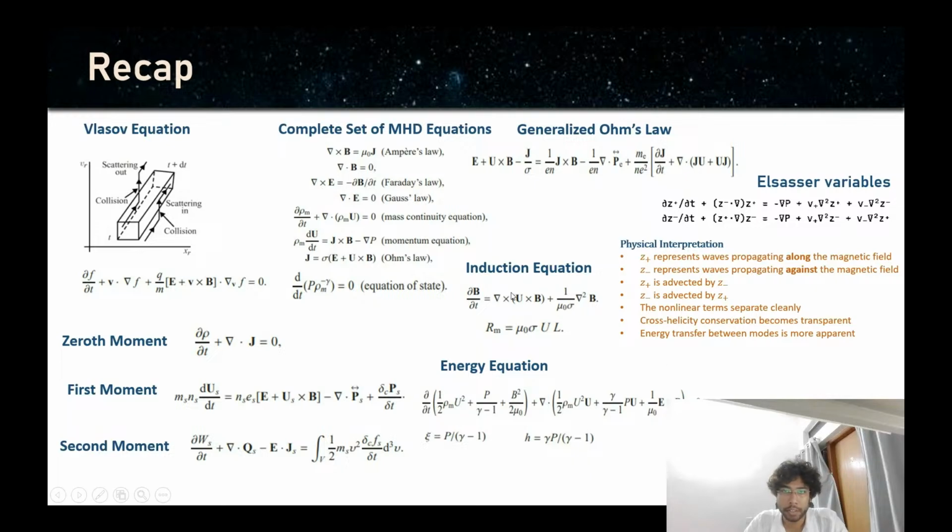So this is the del cross (V cross B), and this is eta, which is the resistivity, times del squared B. This term talks about diffusion of the magnetic field, and this is how the magnetic field is advected. So this is the advection term, this is the diffusion term.